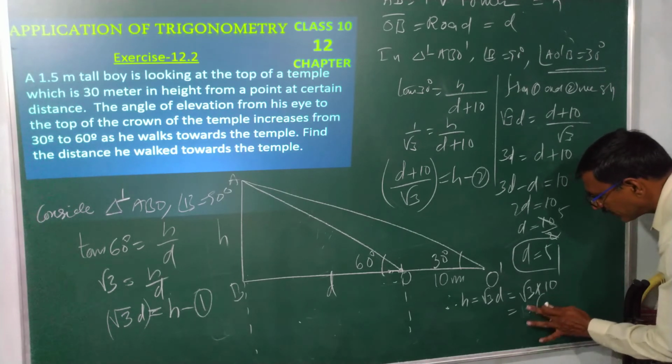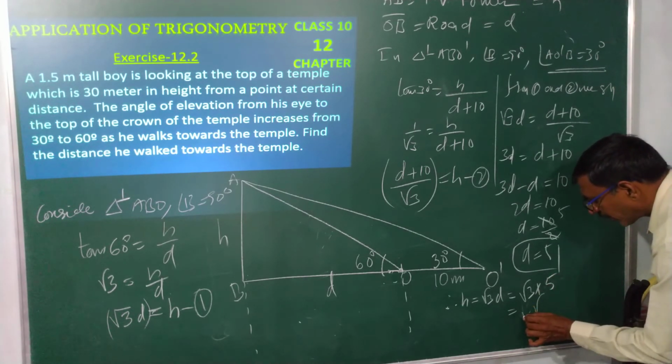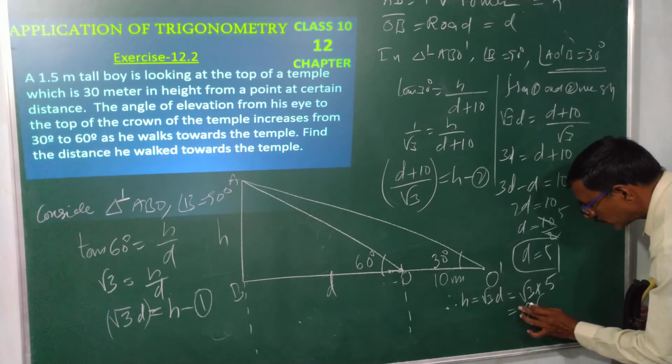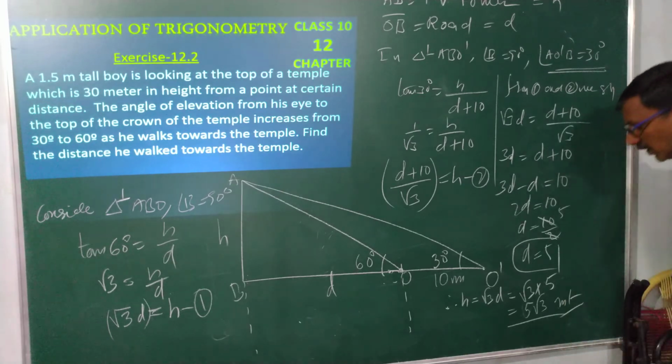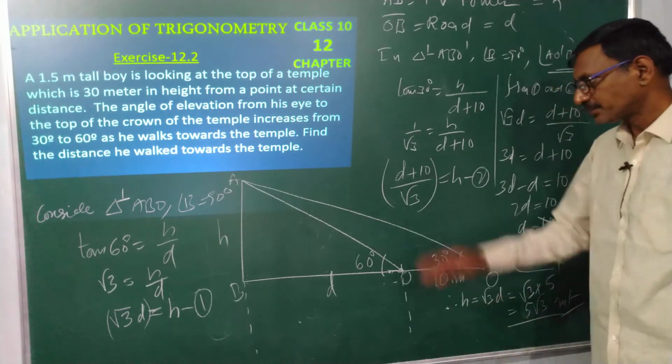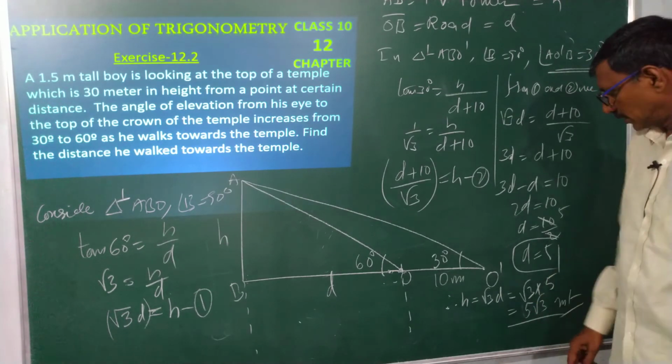Sorry, my d value is 5. Therefore, the height of the tower is equal to 5 root 3 meters.